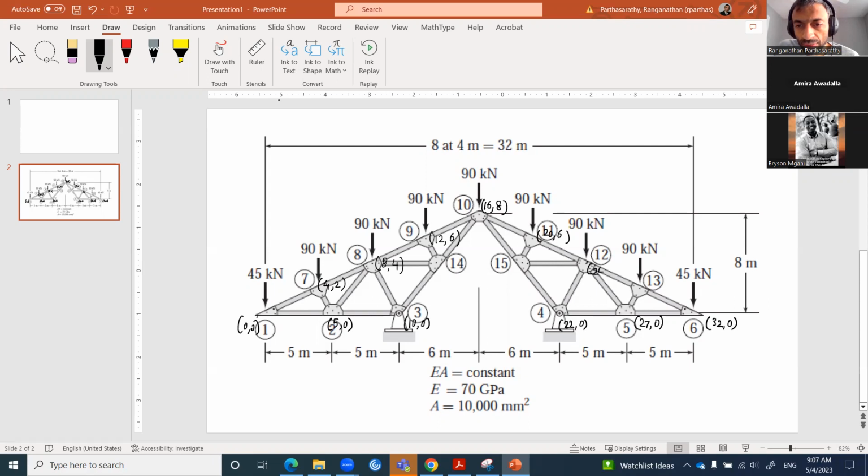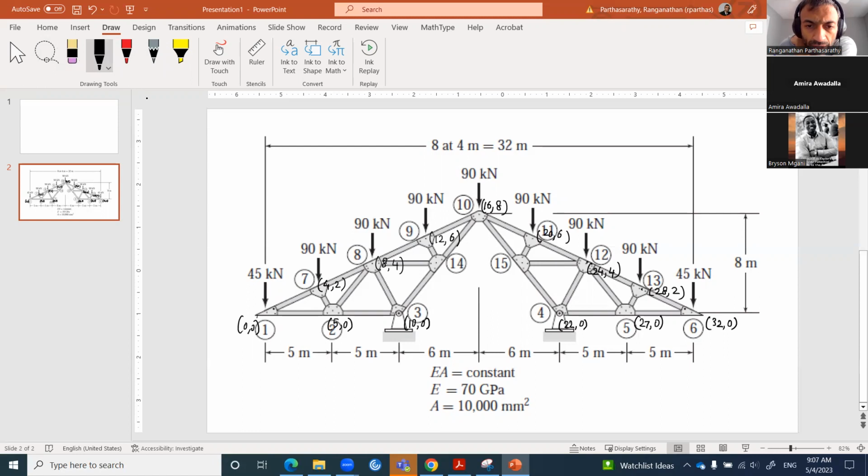X is 24, Y is 4. X is 28, Y is 2. Okay. Then number 14, X is 12. No, sorry. Yeah, number 14.